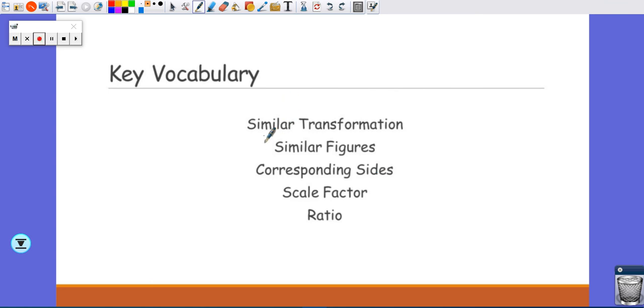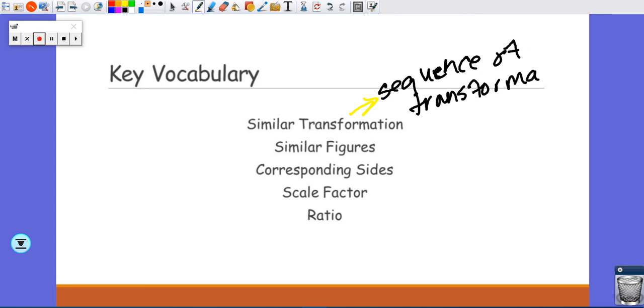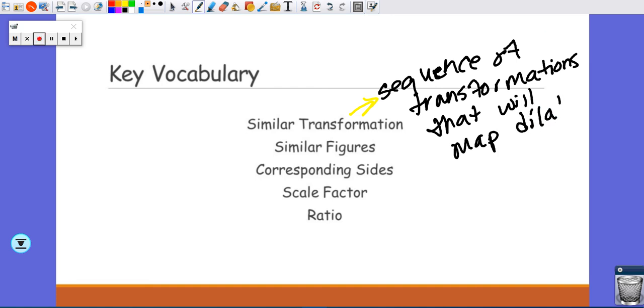So here, with similar transformations, what all that means is a sequence of transformations that will map dilated or similar figures onto each other.